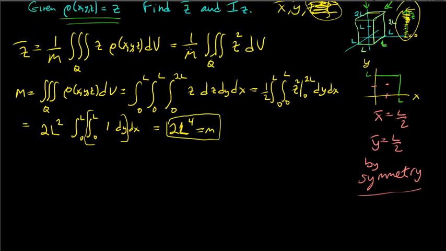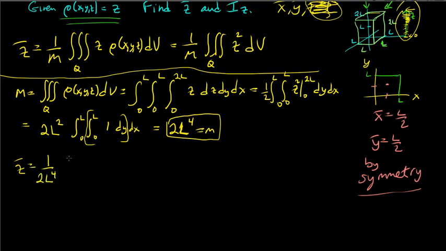Now we can find z bar, the z coordinate of the center of mass. So it's 1 over m, 1 over 2L to the 4th, and then this triple integral. Again, 0 to L, 0 to L, but now we're integrating z cubed, right? From 0 to 2L. Sorry, z squared.